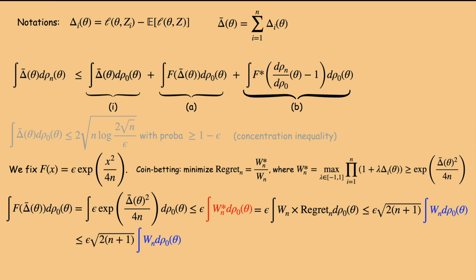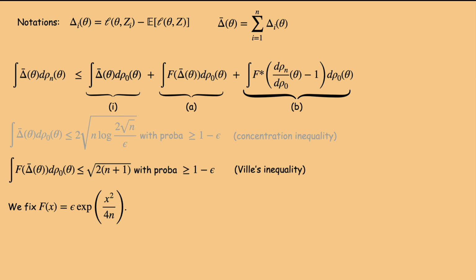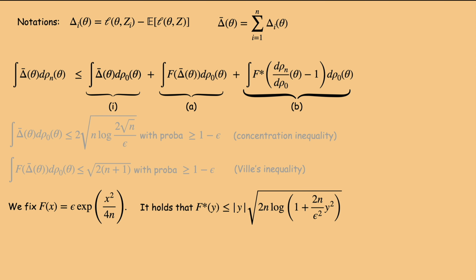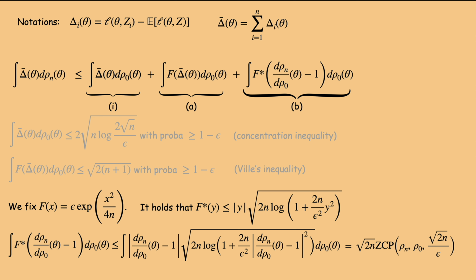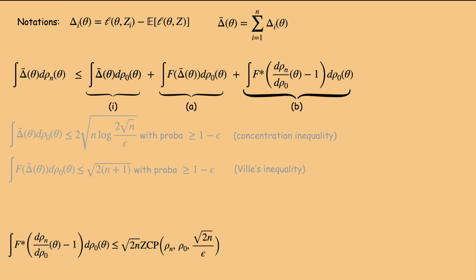Following this argument, we can prove that the expectation Wn is a non-negative martingale, which is always lower than 1 over epsilon with large probability by the so-called Ville's inequality. The bound of the remaining term B comes from the choice of f, for which a bound on the convex conjugate is known. Now, beside the computation itself, what is interesting is that it yields the ZCP divergence and the final bound of the theorem.